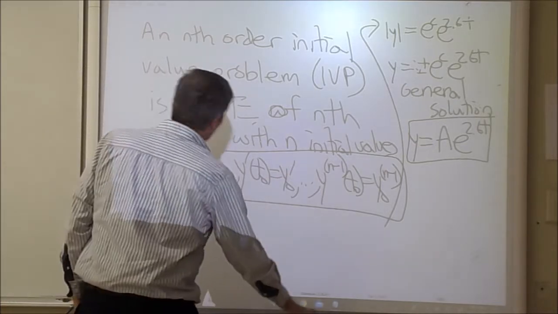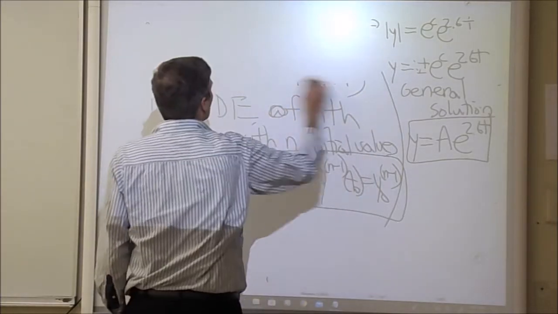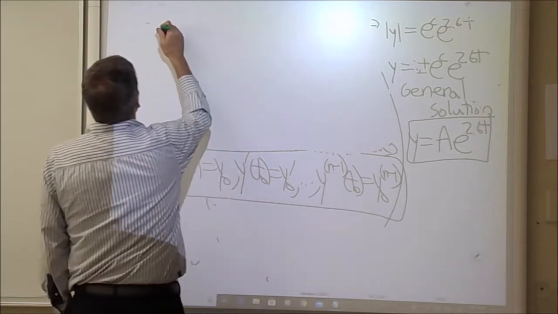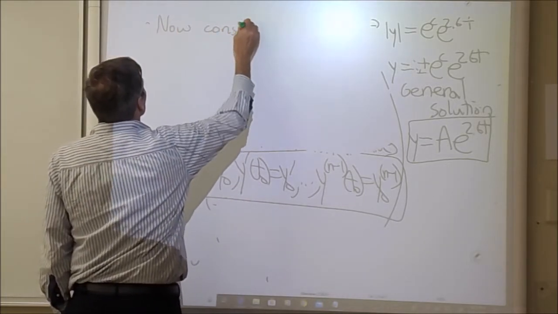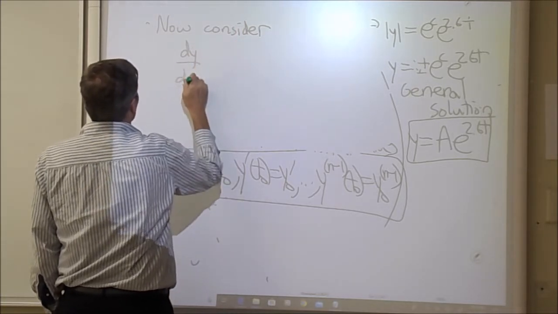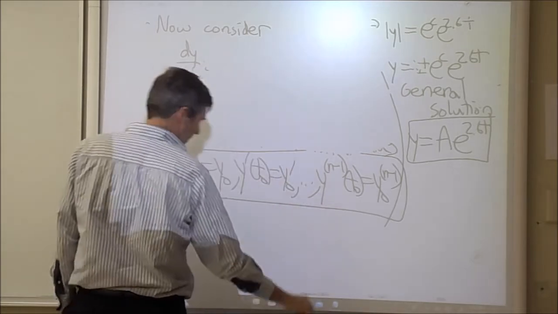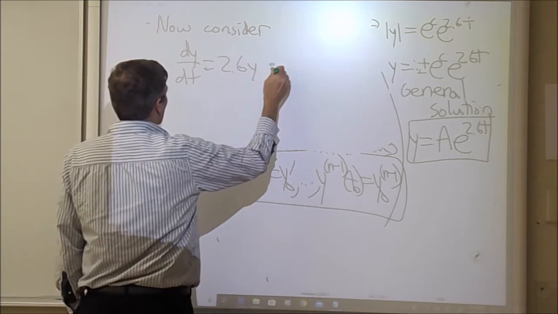Let's go back to the problem we had. Now, consider the differential equation dy/dt equals 2.6y together with an initial value.